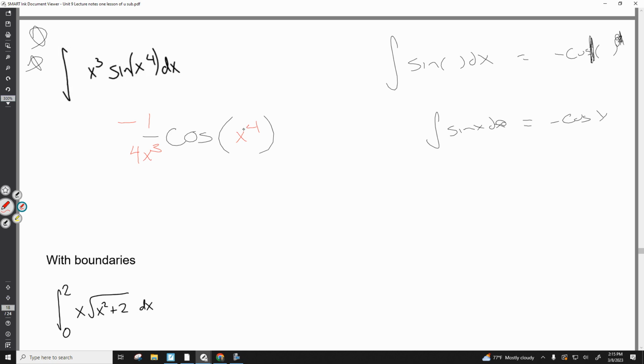The derivative of the inside is a 4x cubed. We have to undo the derivative. X cubed is there. The x cubes will cancel. We eliminate the product. This chain's derivative turns into that product.